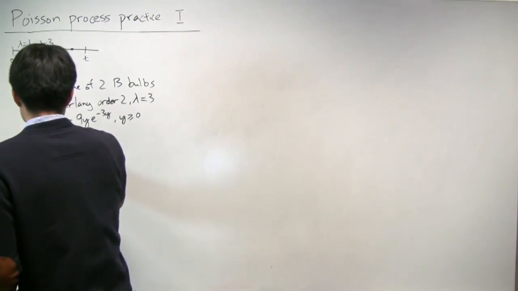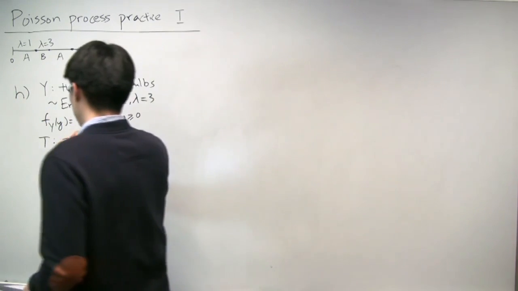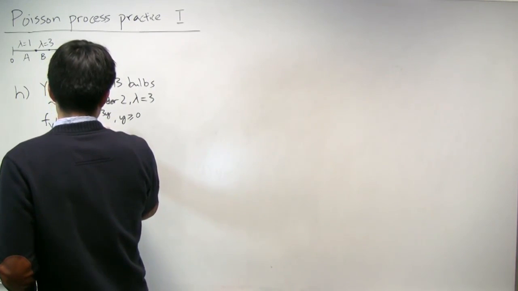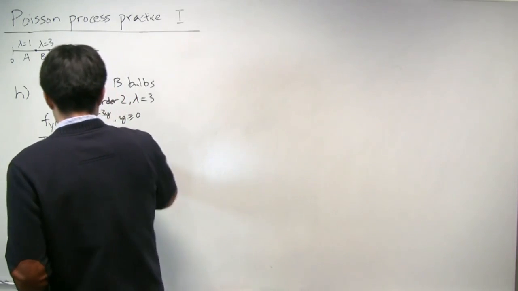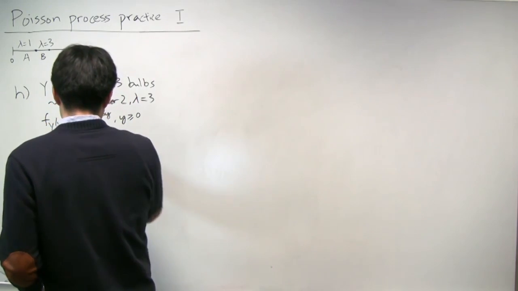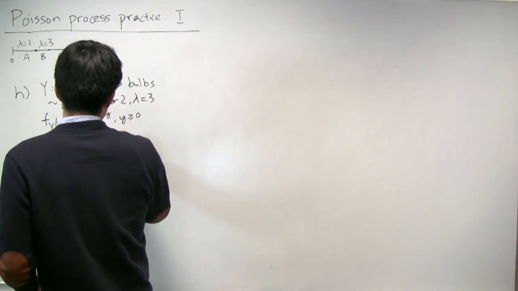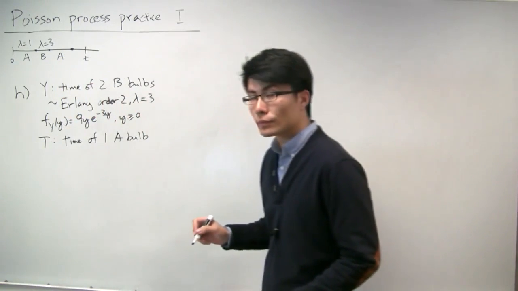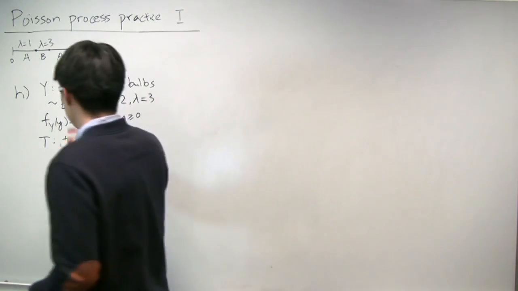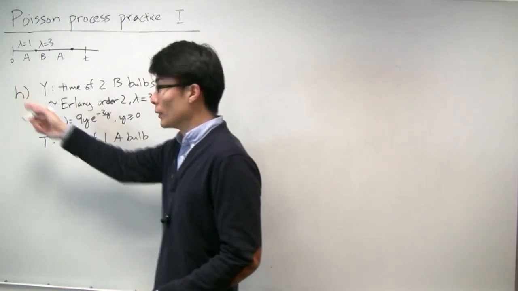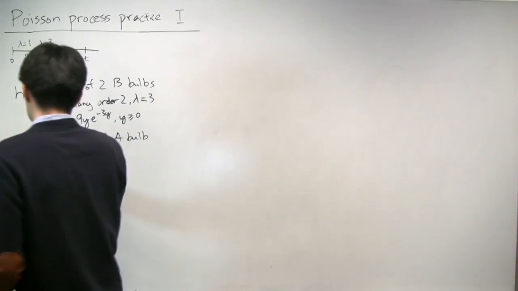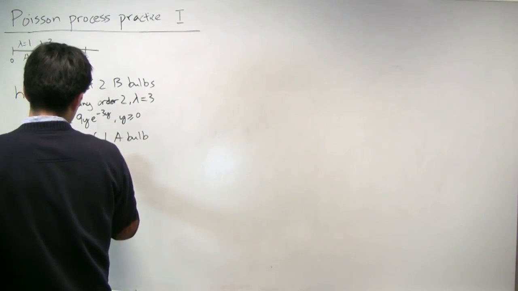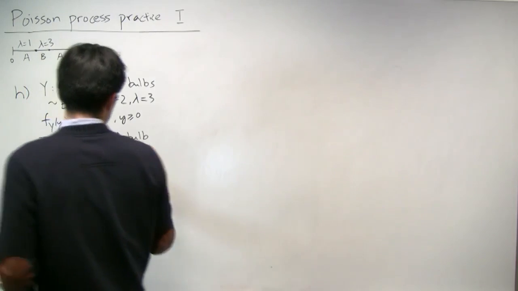Let's call that T. T is the time that one type A bulb stays lit. And that is just exponential with parameter 1. And so we know what that distribution is as well. It's e to the minus t for t greater than or equal to 0.